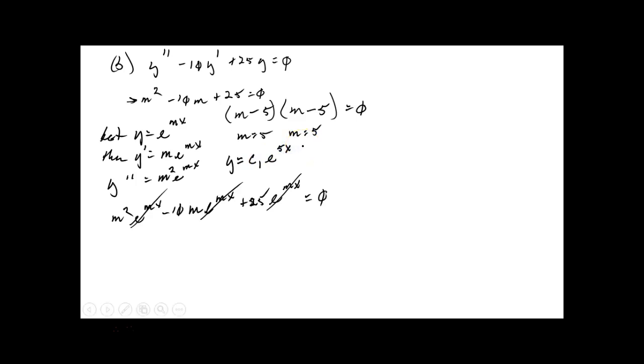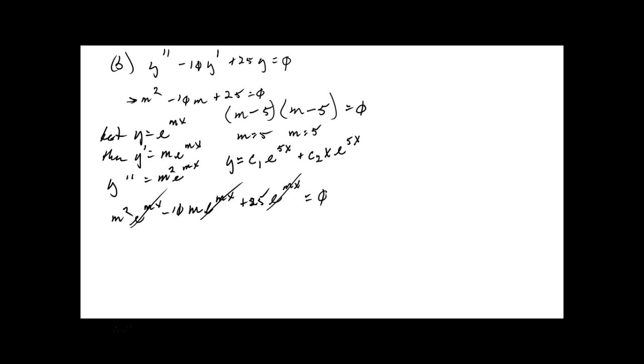But if we put plus C2 e to the 5x, hey, that's the same solution. We can't do that. But case 2, the one we did last time, remember, it introduces a very simple C2 x e to the 5x. That's linearly independent from the first one, yet is a separate solution.